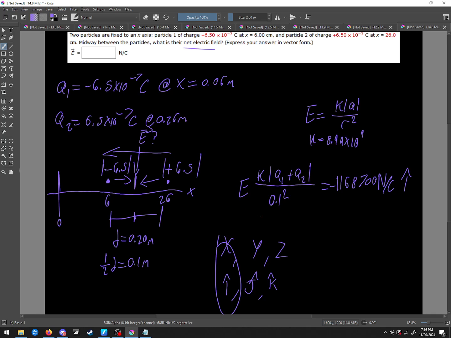But distance is positive. K is positive. So this adding together is also positive. So everything here is positive. This negative is to denote direction, I'm assuming. That is how you do this problem.